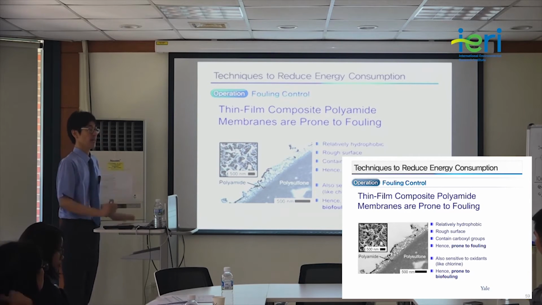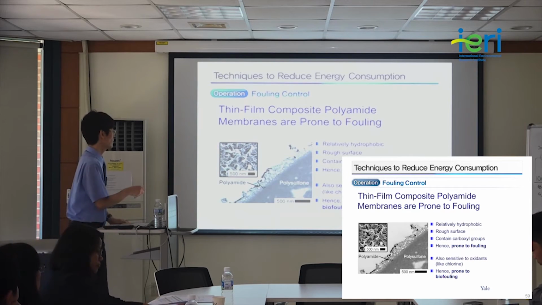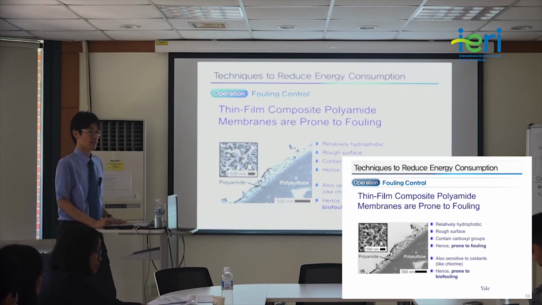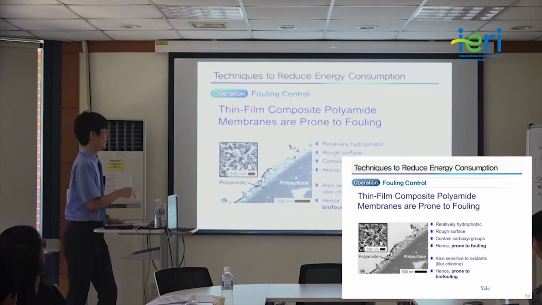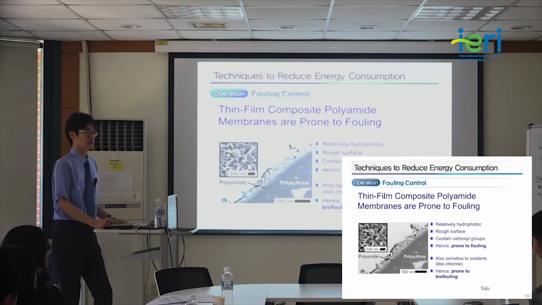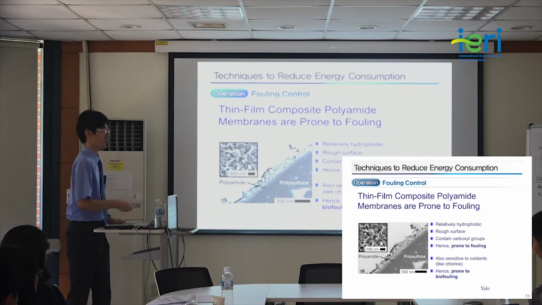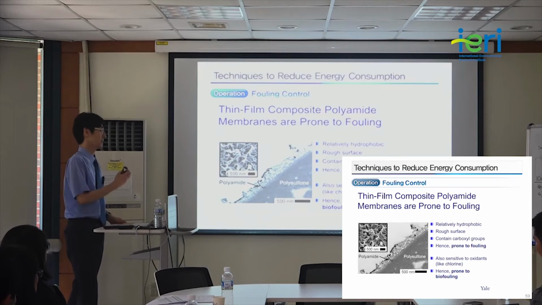And this shiny layer contains the active layer made of polyamide polymer. It's a very thin layer, several micrometers, coated on the polysulfone film, and that's the reverse osmosis membrane.